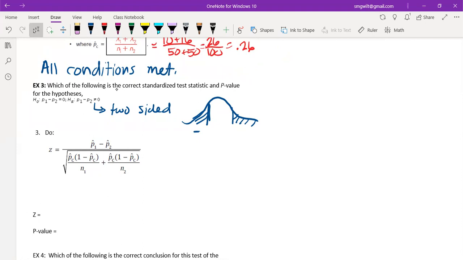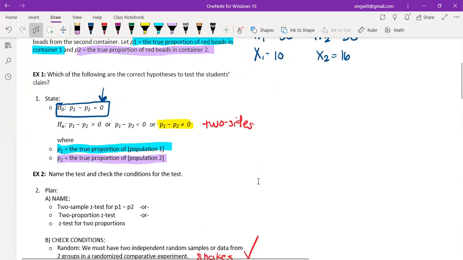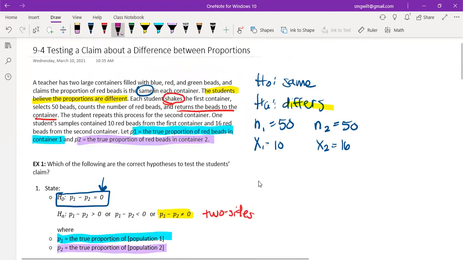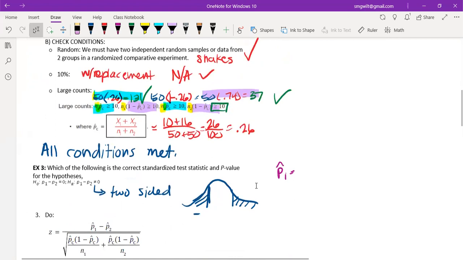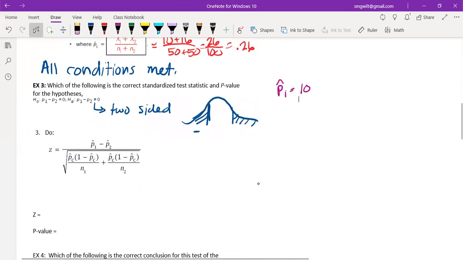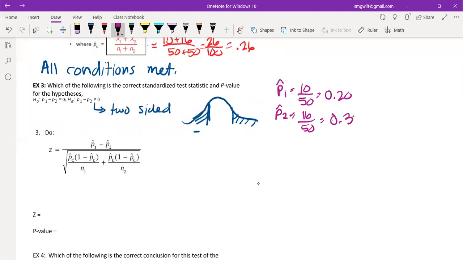So we didn't actually figure out p hat 1 and p hat 2. p hat 1 is our x1 divided by n1, so it's 10 over 50. p hat 2 is going to be the 16 over 50. So 10 over 50 is 0.20, and p hat 2, the 16 over 50, is 0.32.